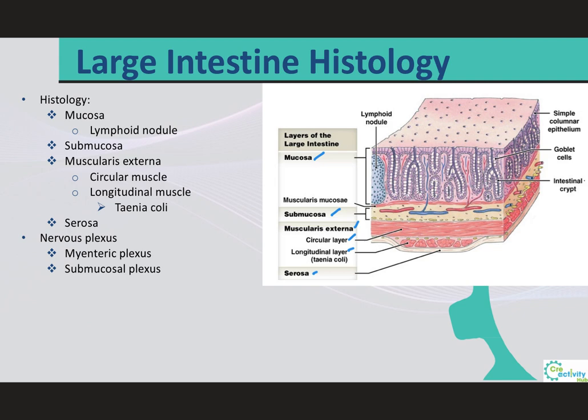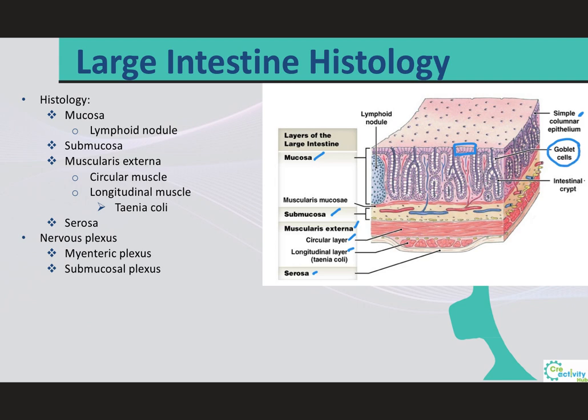So for example, there are going to be few enzyme secreting cells found in the walls of the large intestine, and there are no circular folds or villi in the large intestine. Other than in the anal canal, the mucosa of the colon is going to be simple columnar epithelium made mostly of enterocytes, which are the absorptive cells, and goblet cells.